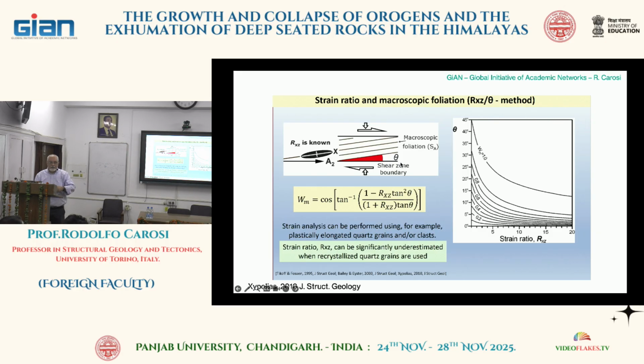Of course, if you are in a field in a colorimetric scale shear zone, this cannot be applied because you cannot see the shear zone boundary. You can observe the mylonitic foliation, but at the micro scale, it is not exactly parallel to the shear zone boundary. There is always an angle of 1, 2 degrees. In a shear zone where you can see the boundary very well, you can apply this method.